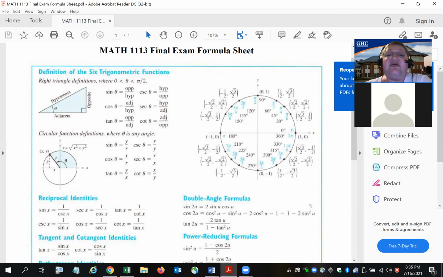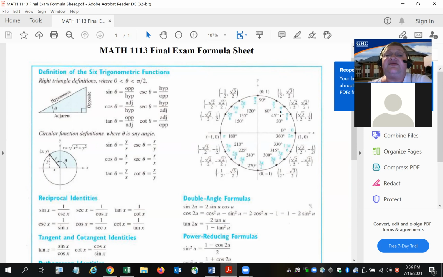If I'm at 7 pi sixths, it would be positive square root 3 over 3. Any of my sixths are going to be square root 3 over 3. You have to decide based on the quadrant whether it's positive or negative.